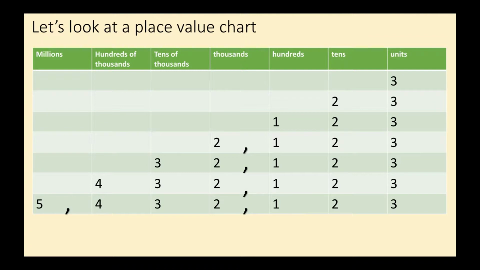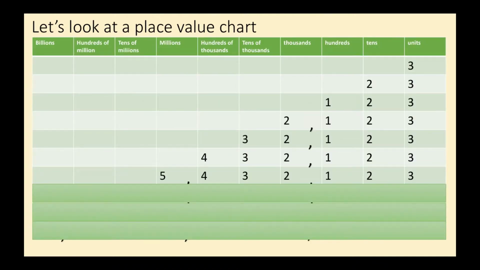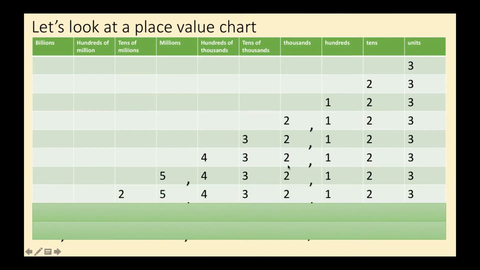What about when we get into bigger numbers? Let's have a look at some bigger numbers. So here I've added on now tens of millions, hundreds of millions, and billions. So here we have 5,432,123 as before. But let's have a look at this one. I've now added a 2 into the tens of millions. That gives us 25,432,123.